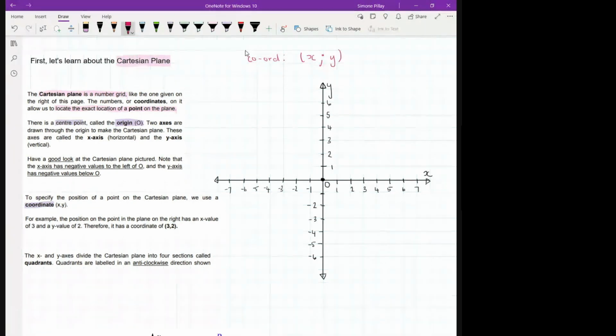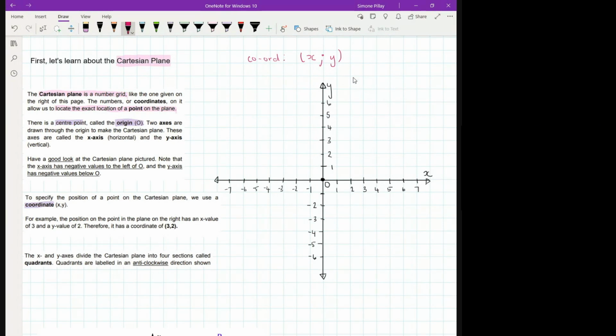Now let's look at how we would do this. If I wanted to write the coordinates for a point A on my graph, how would I do it? Well, let's do this point. I have point A. What are the coordinates? Well, I can see the format that my coordinate needs to be in.